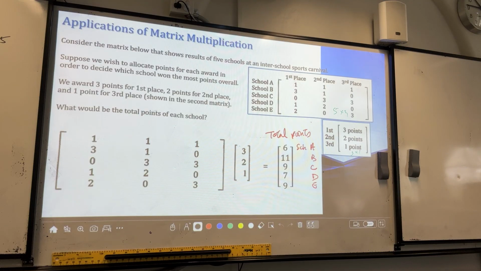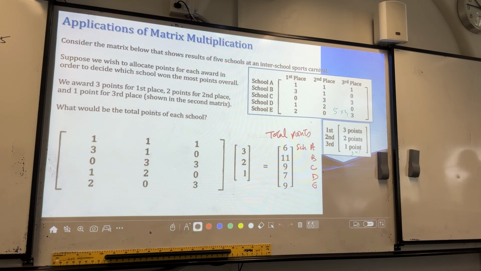So you can see that if you use matrix multiplication, B is the school with the highest points.